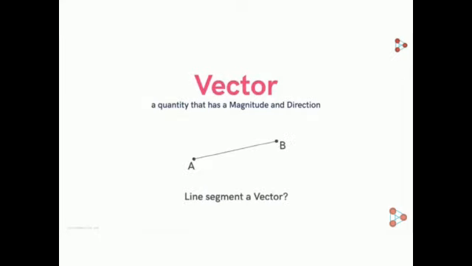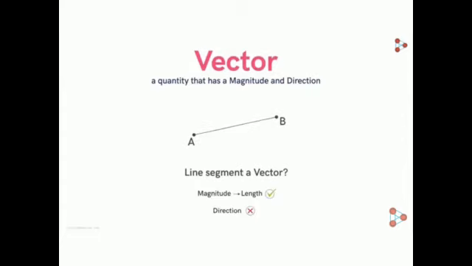Now consider we draw a line between 2 points, point A and B, which is known as a line segment. Now here the question arises: is the line segment between 2 points A and B a vector or not? The answer is no, because this line segment between 2 points A and B just shows the magnitude between 2 points.